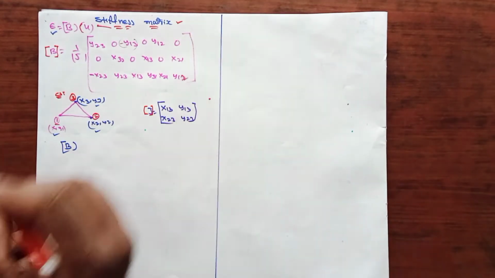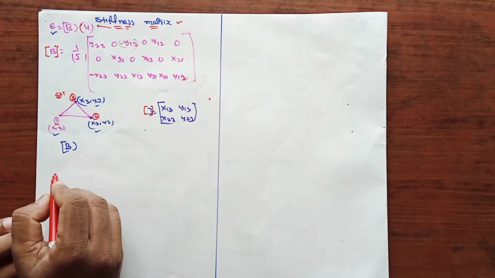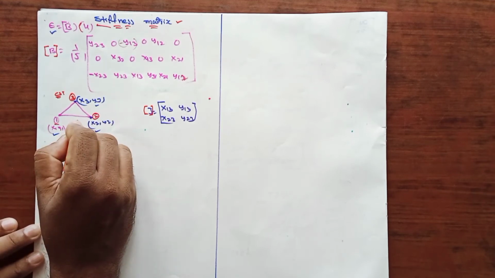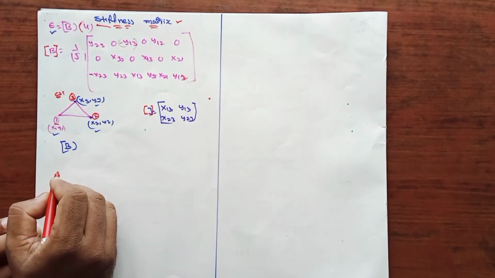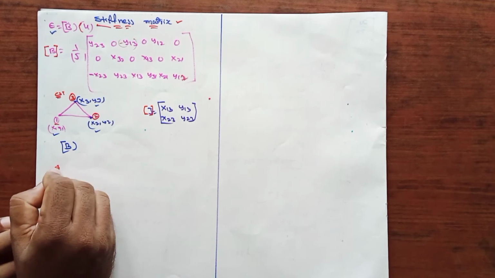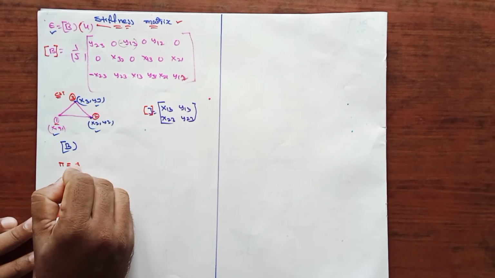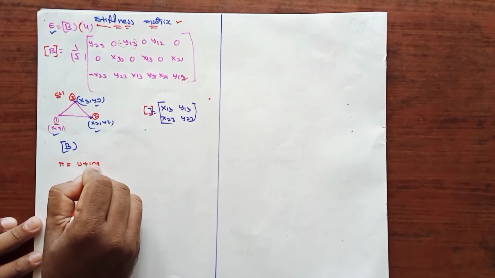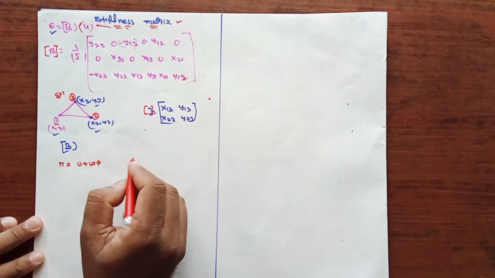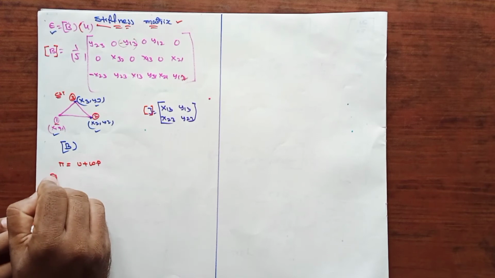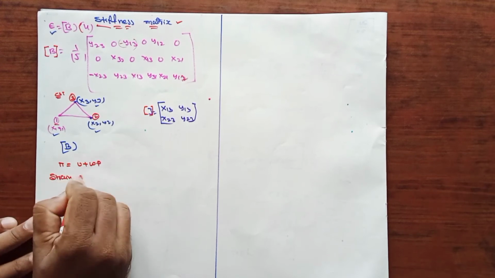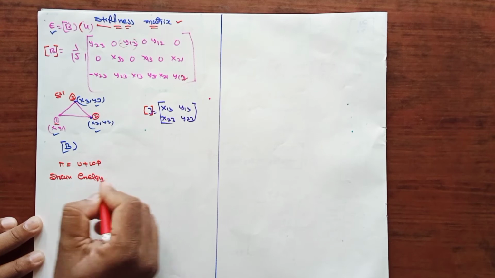So let us see what the stiffness matrix is for a given CST element. We know that the potential energy equation is defined as pi equal to the strain energy plus the work potential. From this, we take the strain energy, and from the strain energy we define the stiffness matrix.